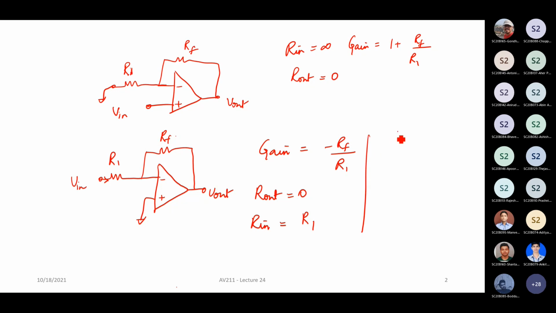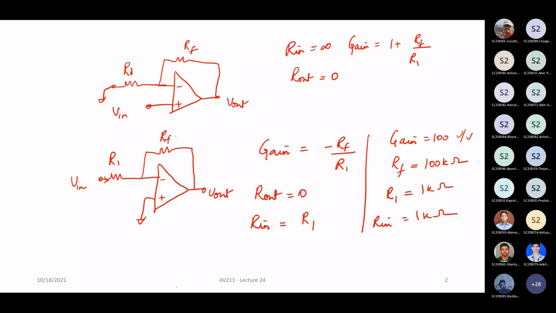So if you want to have a gain of 100, what will you do? This ratio has to be 100. So let us say you put RF equal to 100 kilo ohm, which is in fact quite a high value, your R1 has to be 1 kilo ohm, which means your input impedance is now only 1 kilo ohm, which is actually quite a low value, right?